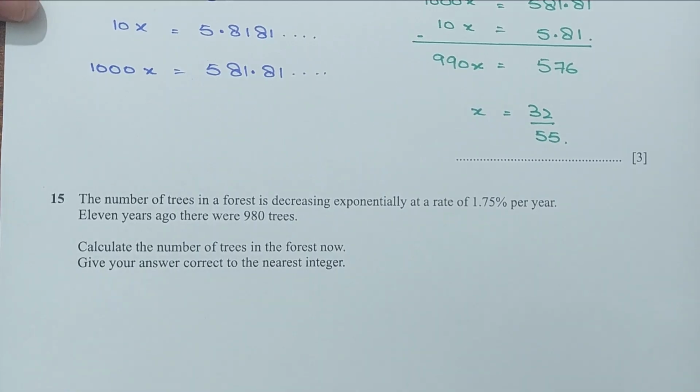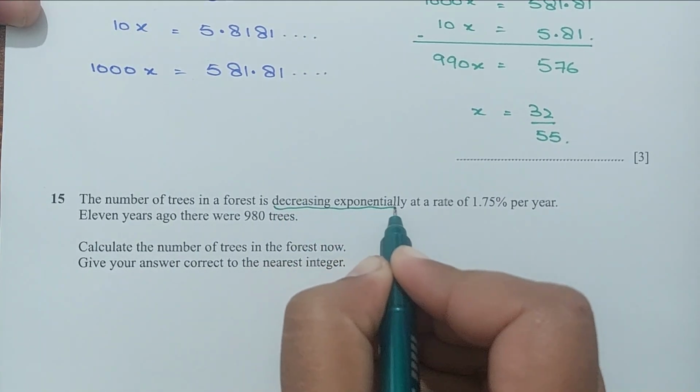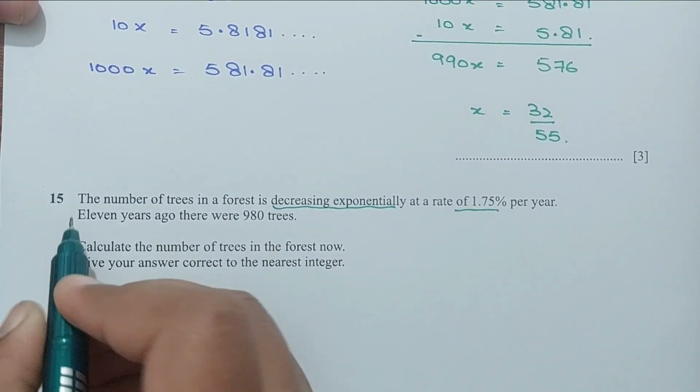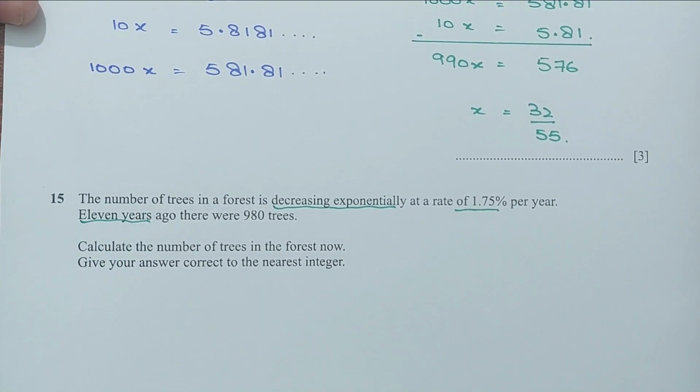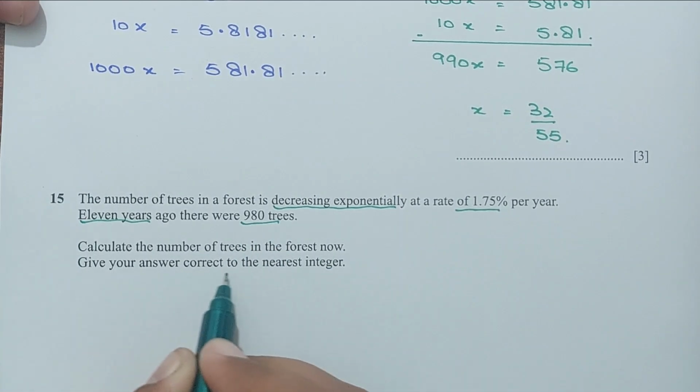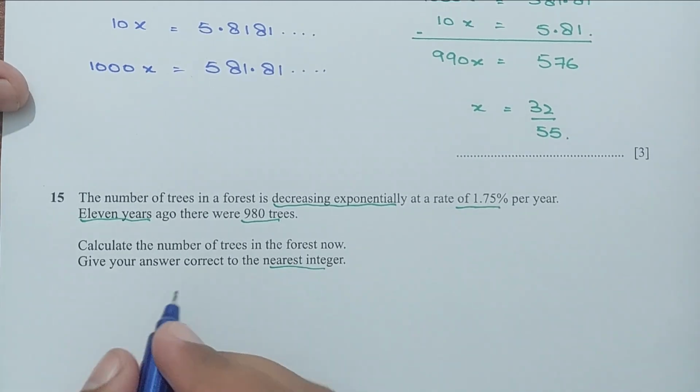The number of trees in a forest is decreasing exponentially at a rate of 1.75% per year. 11 years ago, there were 980 trees. Calculate the number of trees in the forest now. You give your answer correct to the nearest integer. So this is exponential decay.